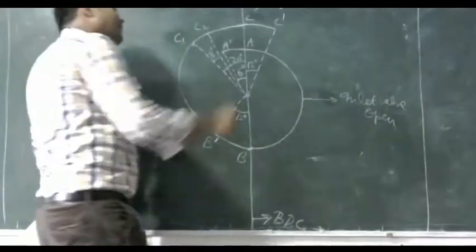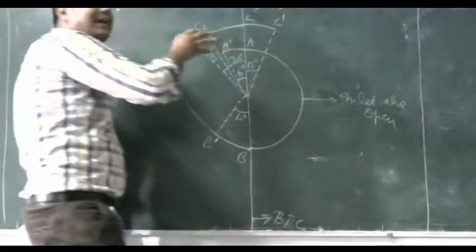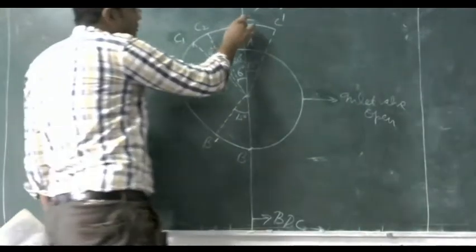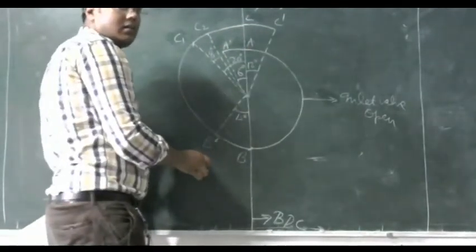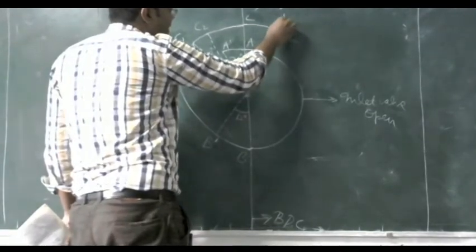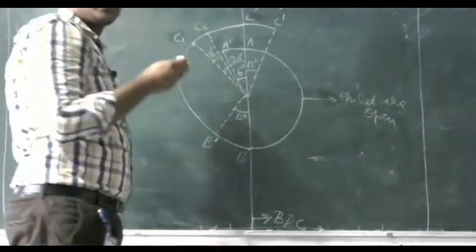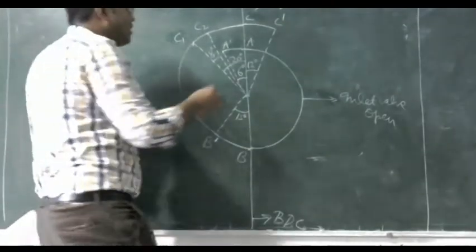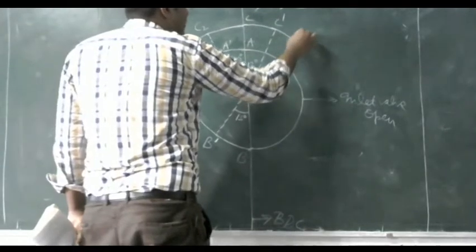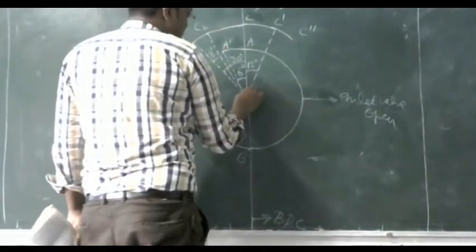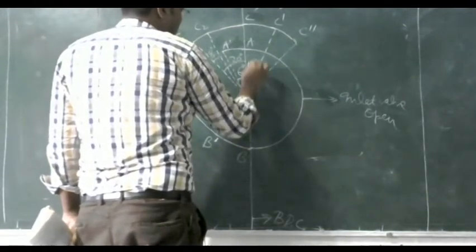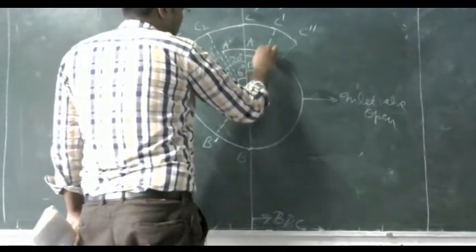Now here at C dash, sparking stops, but combustion is not stopped here. Only sparking stops. Combustion continues from point C. After the stopping of the spark, to stop the combustion it will take some time. So after 40 degrees from point C, at C1 dash, combustion stops.